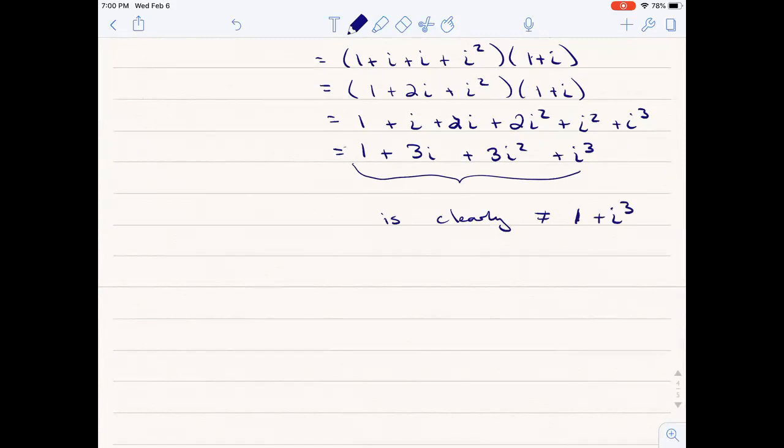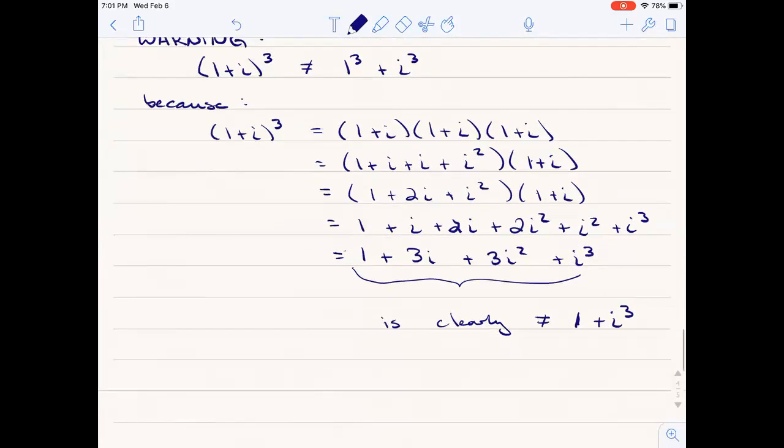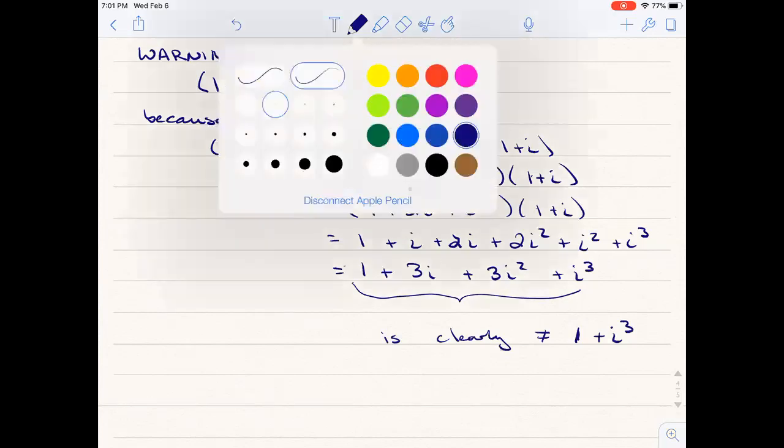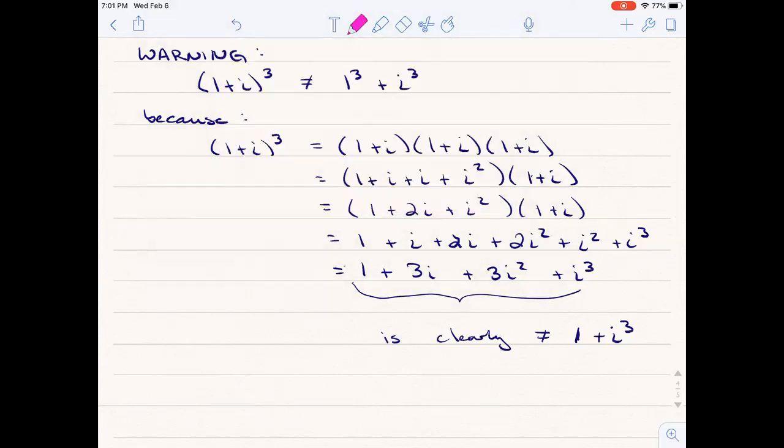So you have to be really careful if you catch yourself trying to do something like this, where you're just trying to pull in the powers on top of adding or subtracting in there. Just remember this mess, and you'll know you can't do it. You can only pull in those powers if you're multiplying or dividing inside. I'll write that in a note here.